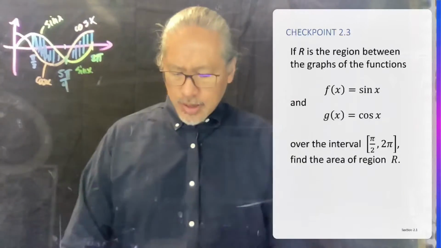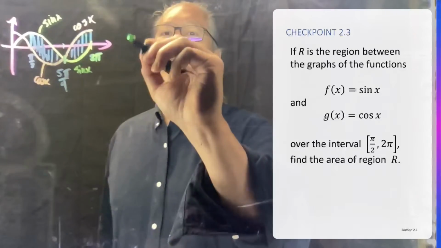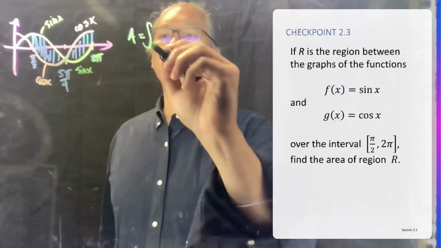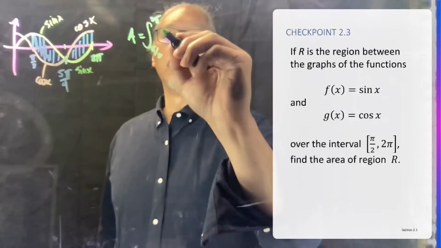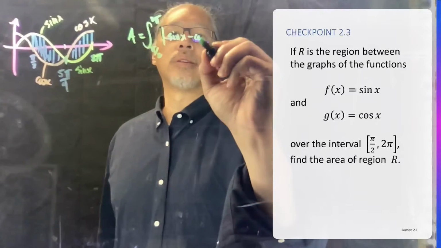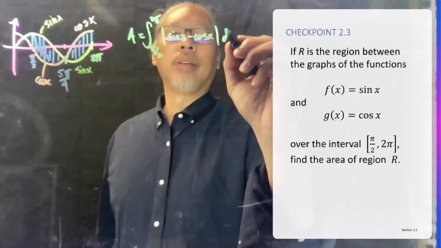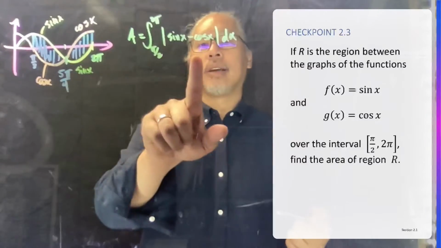Okay, so our formula gives us something with an absolute value. So the area is going to be the integral from pi over 2 to 2 pi of the absolute value of the difference between them, sine x minus cosine x dx. Now, this is saying sine x is first.